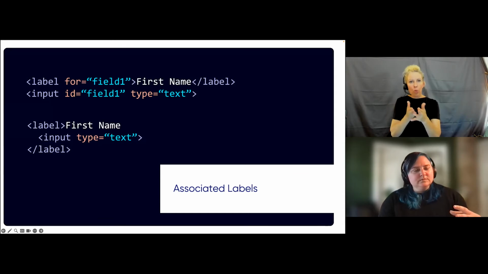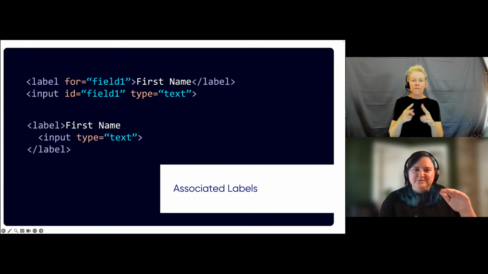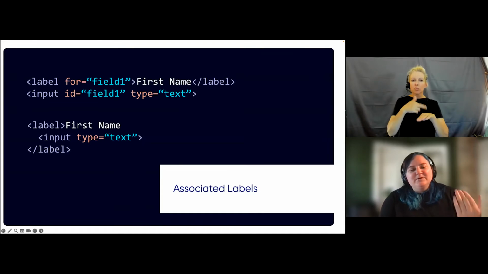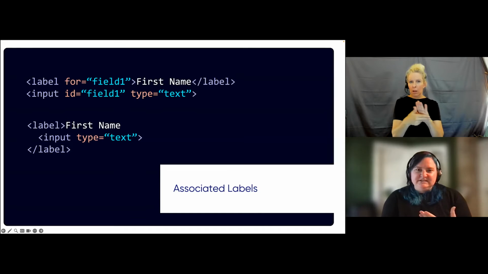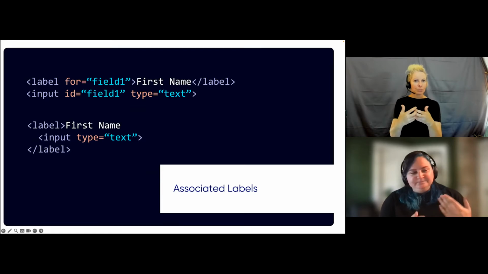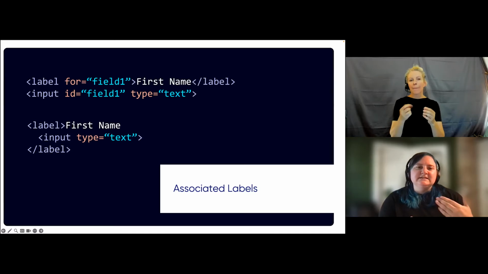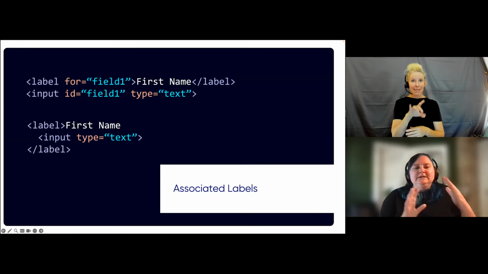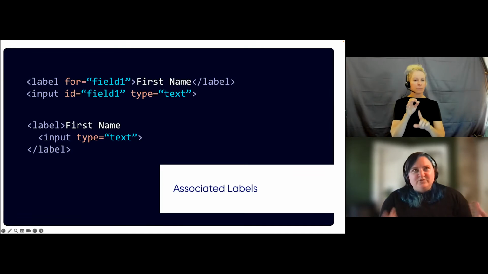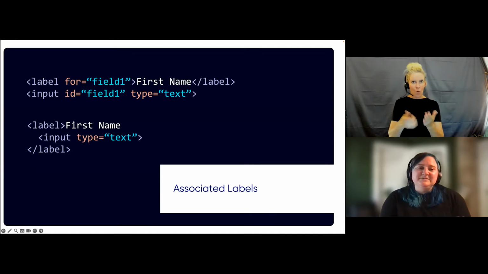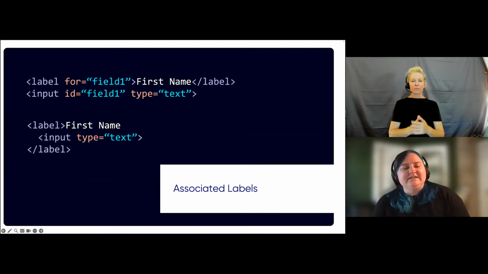Again, really explicit, where we have to reference a specific ID in the label to pull those two things together, make a relationship between those two things. And then another check that we'll go over a little bit more thoroughly is IDs have to be unique within the page. I know WCAG 2.2 is removing it. Yes, I could go on and on about that and I won't, but IDs need to be unique for specific reasons that we'll get into.